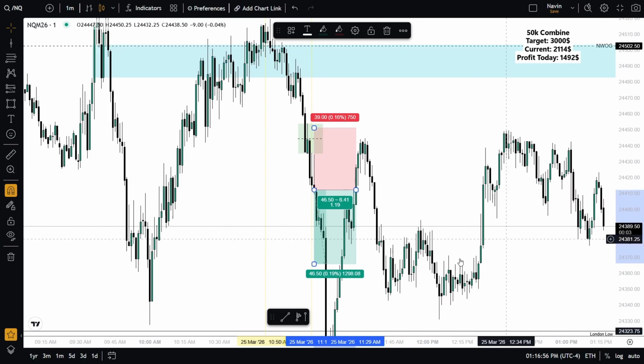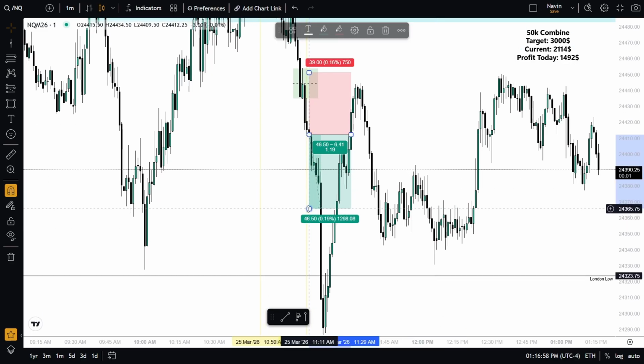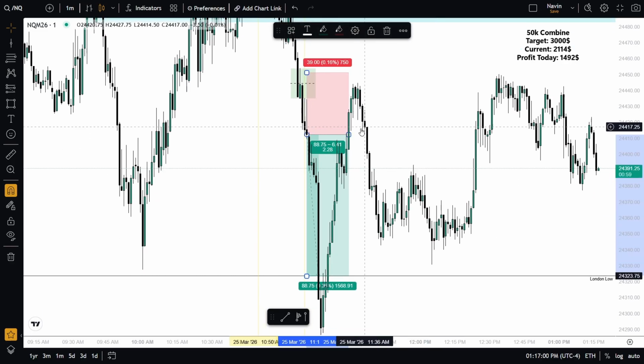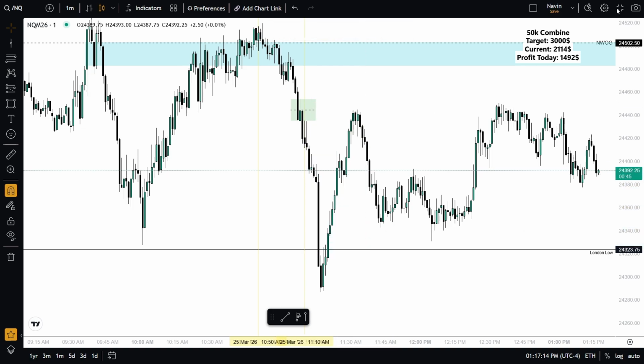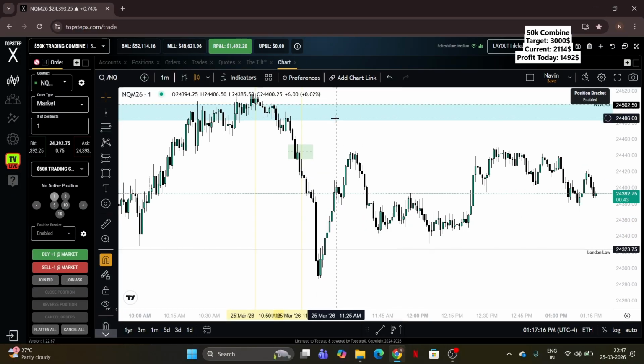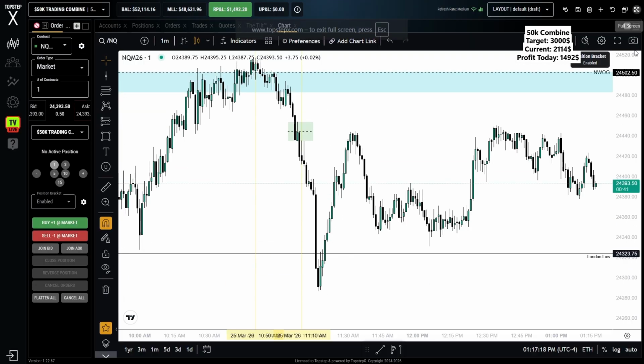As you can see here, I targeted the London relatively equal lows and got a nice little trade over here, and my profit was like 1400 something dollars today. Let me show you guys the actual executions. Ta-da!